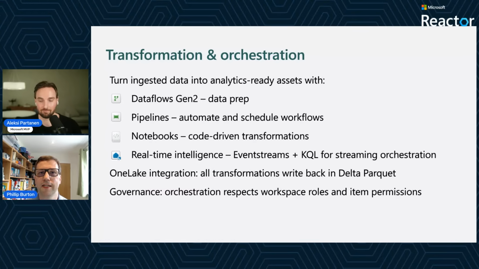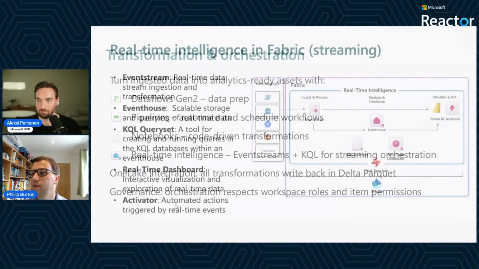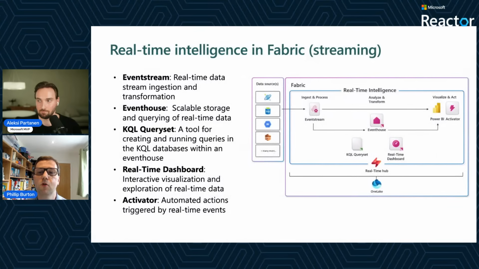Definitely good advice there. So on this slide, we've got real-time intelligence. If we just look at that a bit more deeply, then we've got several different parts to real-time intelligence. First of all, we've got event streams. So they're the entry point, capturing data from multiple sources, applying lightweight transformations, and routing it to the right destination.